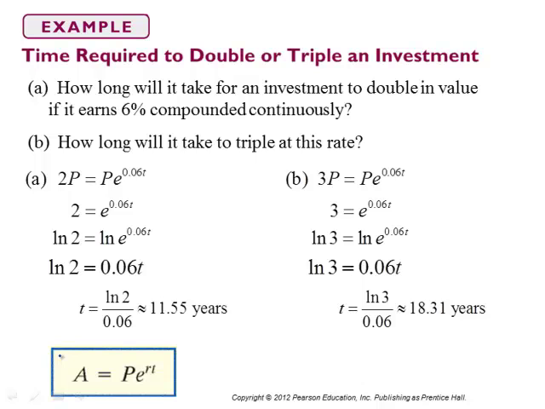And the time it takes going from doubling to tripling will be longer than going from tripling to quadrupling, because more and more money gets compounded into the balance. To go from one multiple to the next, it's going to take less time, because of the money that gets rolled into it.